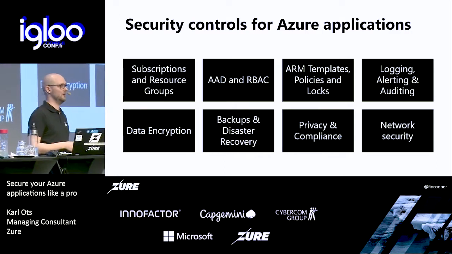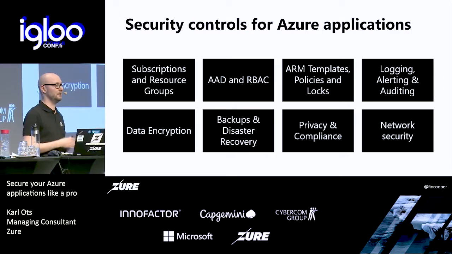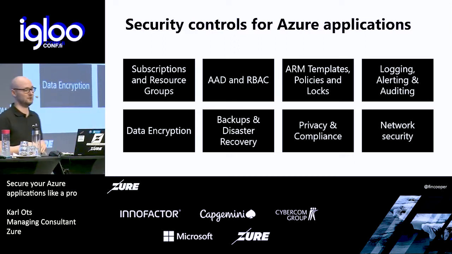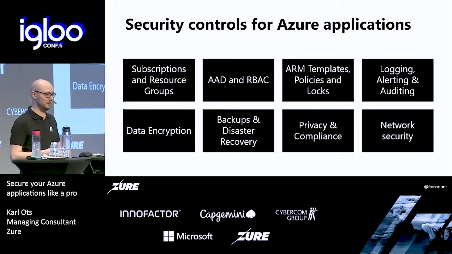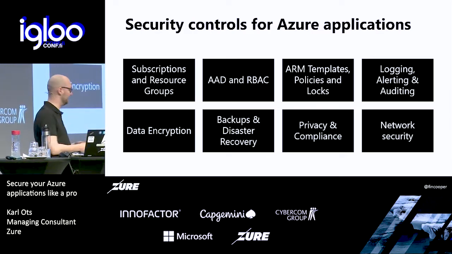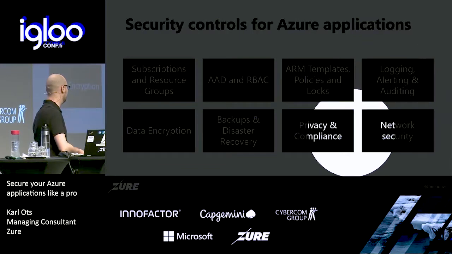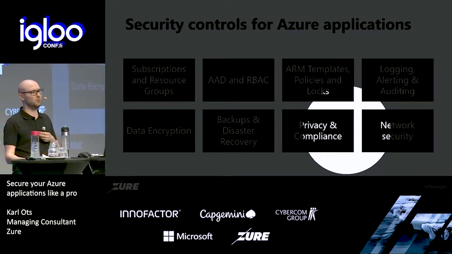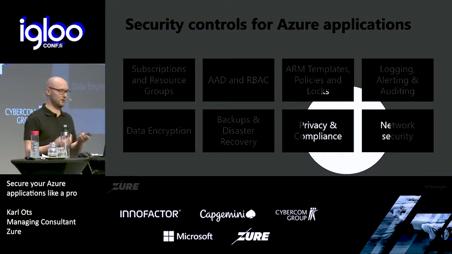Those are the things that existed and still exist from the previous slide that I had there, that have to do with securing any types of applications. And then on the Azure side, specifically the privacy compliance and the network security part, those are something that we more or less need to take for granted.